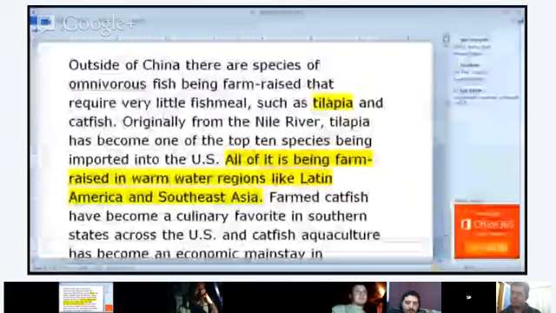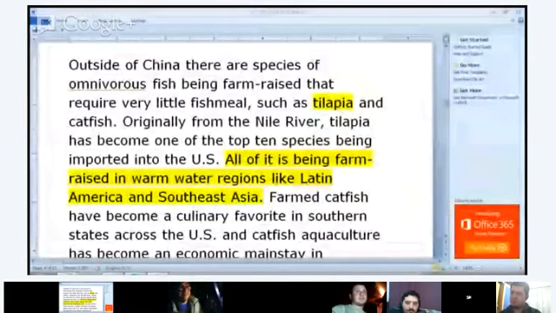Now, we need to get some team spirit here. So please, we need all of the students working together as a team to read this text and understand it. I think this is interesting information, and we're talking about producing food for the world.